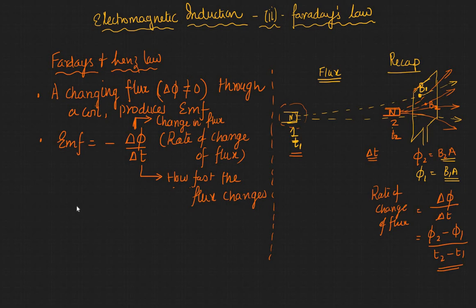And let me make the statement here. This minus sign here indicates the EMF produced opposes the change of flux.